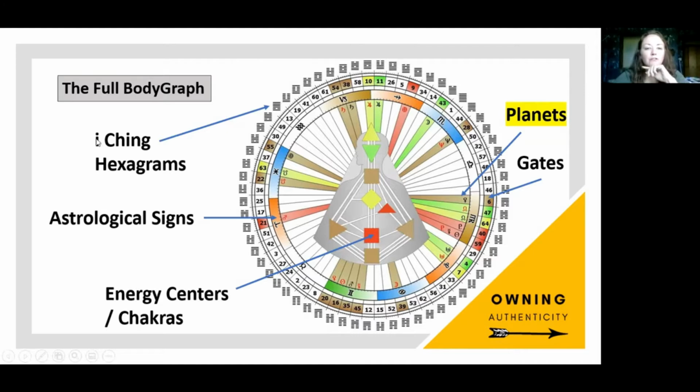And then wrapped around the very outside of this wheel, these images are the I Ching hexagrams. I am not familiar with the I Ching a whole lot, just a very superficial awareness of what it means. I have had one I Ching reading.